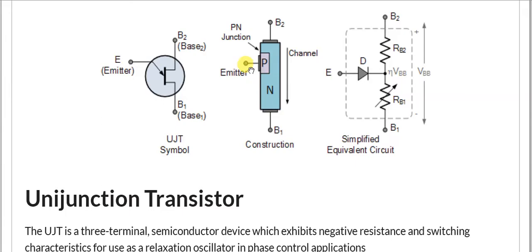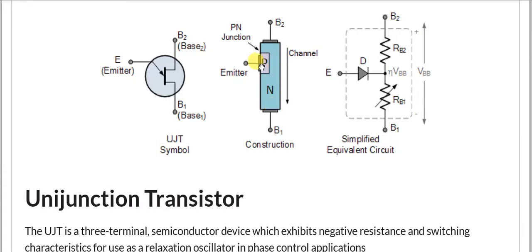We dope a P-type material on one side of the bar, closer to one of the bases. Let's say here is base 2. So here the P-N junction is formed. So this is the complete N channel.